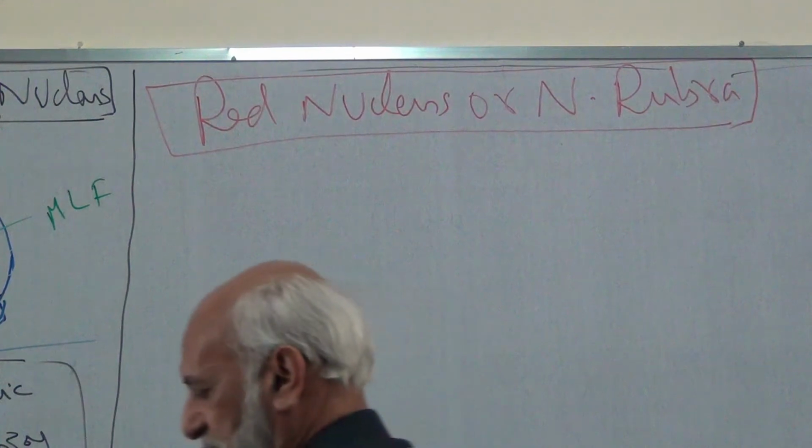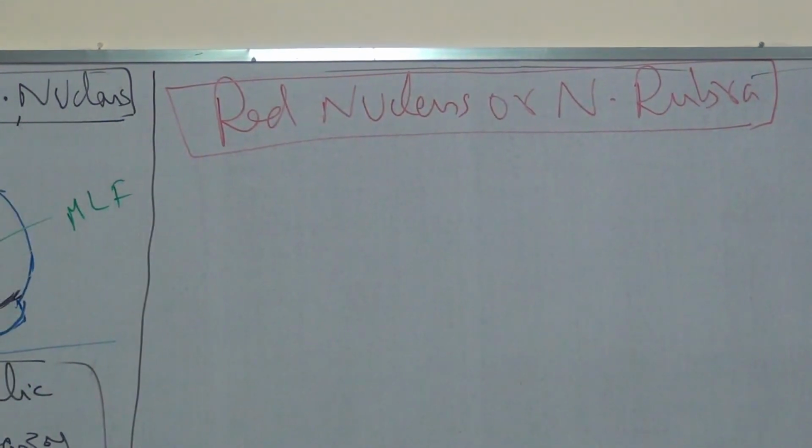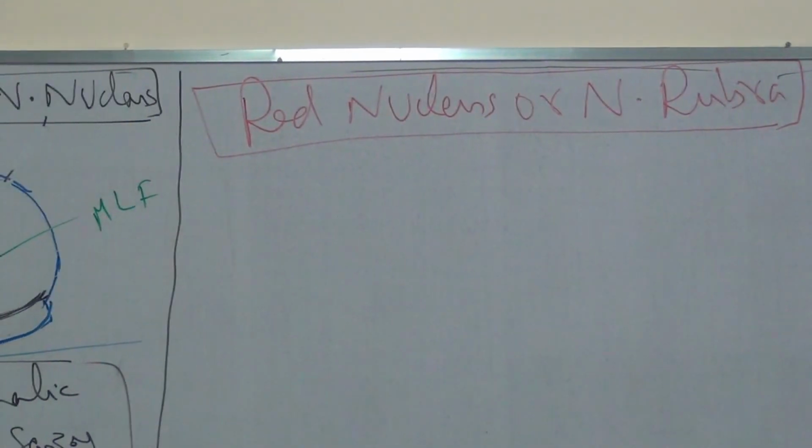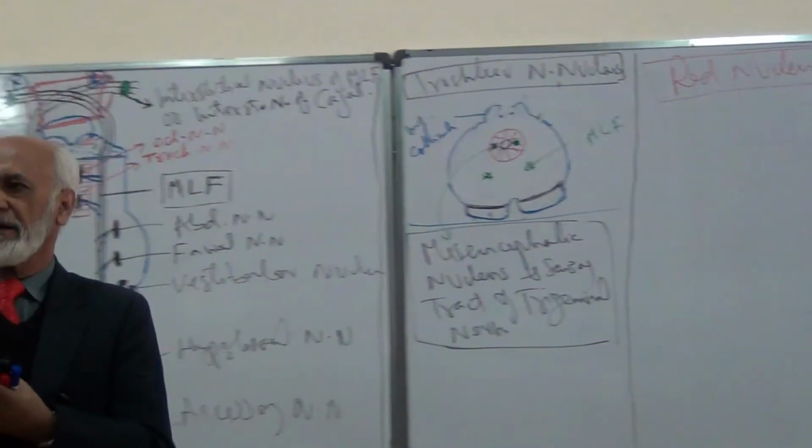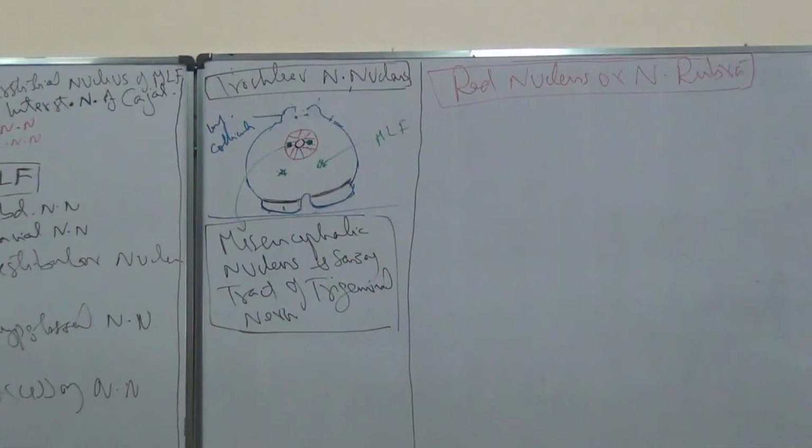You know, rubra stands for red, nigra stands for black, albus stands for white, luteal stands for yellow, etc. These are Greek words.